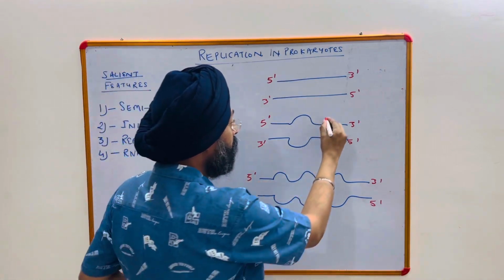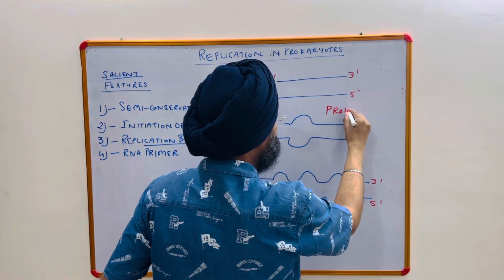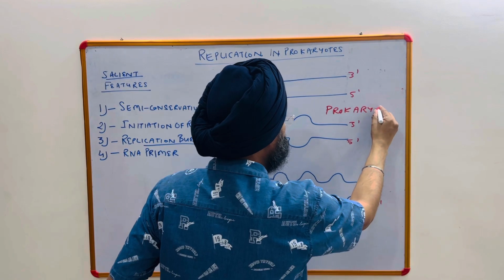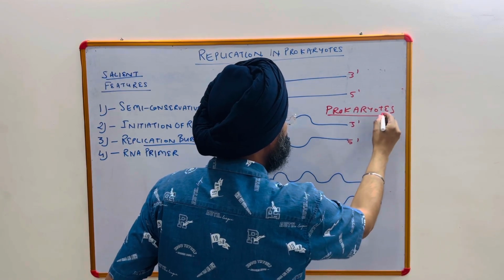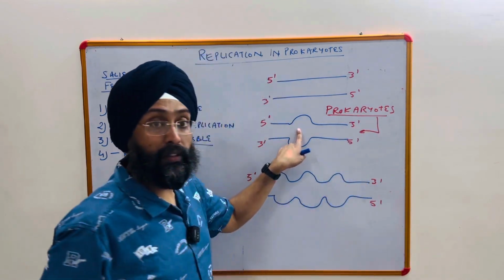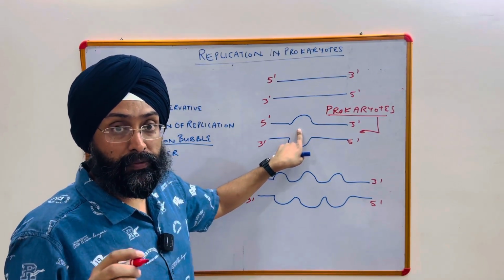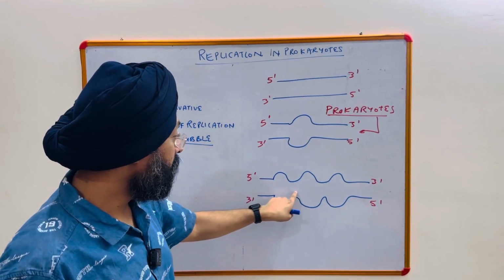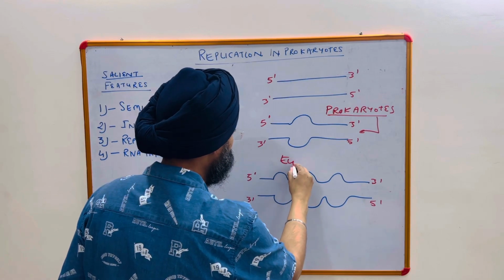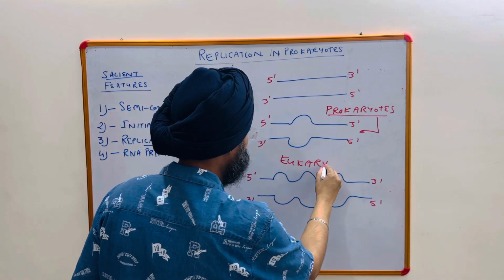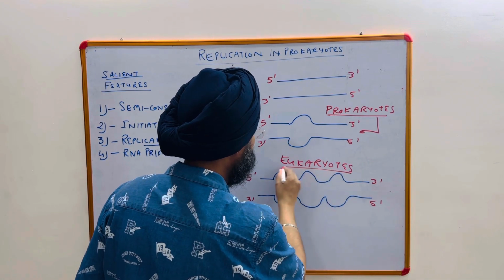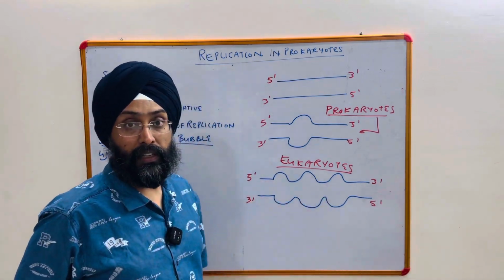But in prokaryotes there is a single origin of replication, so there is no formation of multiple bubbles. But in case of eukaryotes, there are multiple replication bubbles, right?